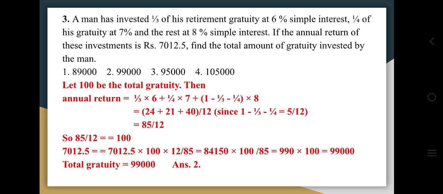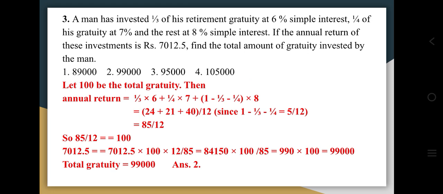So the amount invested at 8% is 100 minus 1/3 into 100 minus 1/4 into 100, that is 1 minus 1/3 minus 1/4 into 100. But 1 minus 1 by 3 minus 1 by 4 is 5 by 12. So the annual return that corresponds to 8% simple interest rate is 5 by 12 into 8.